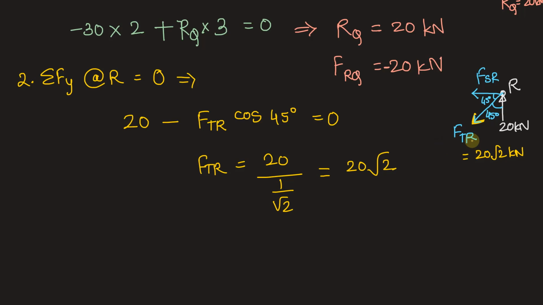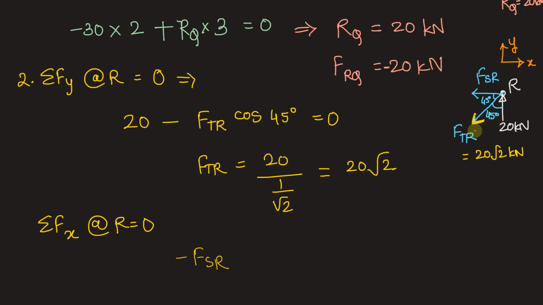Now we know FTR also. We can use summation Fx, that is forces in x direction, at R equal to 0. Of course, we have considered x as the horizontal and y as the vertical direction. This is understood because reactions are also calculated in the same way. At R, if we consider the horizontal forces, we have FSR in the negative direction, so we can write minus FSR.